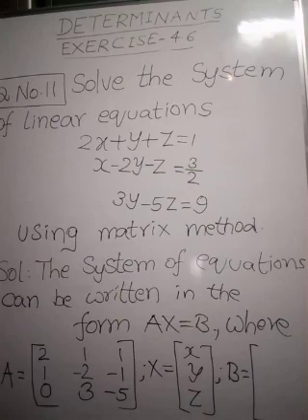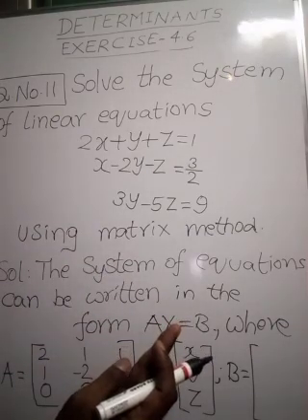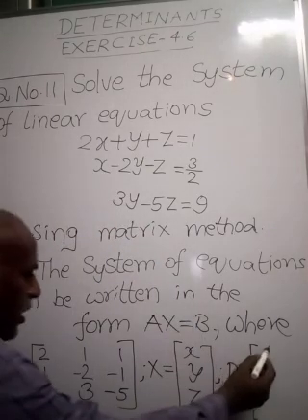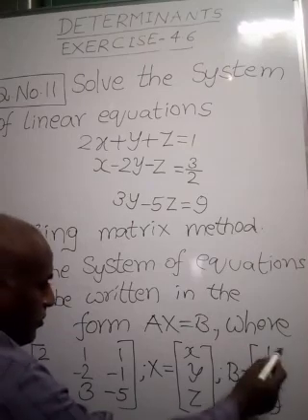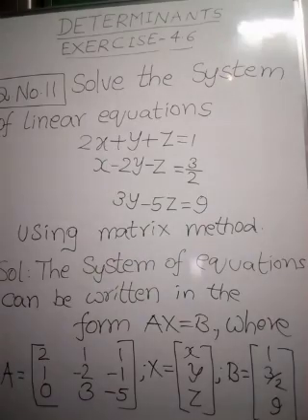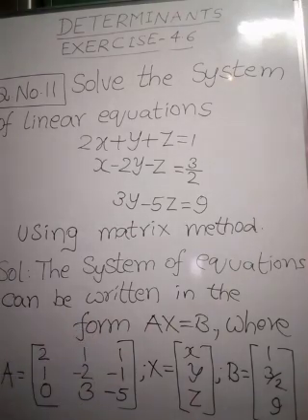Constant matrix. In the RHS, what are the constants? We write them in matrix form: 1, 3/2, 9. These three are the constants, so we write the three elements as matrix B. This is the first stage. Understood, my dear children? Right.